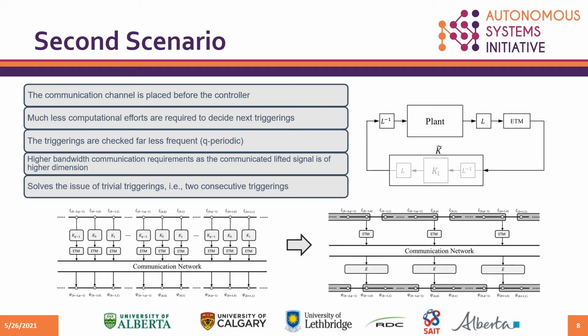Compared to the previous scenario, the communication channel here is placed before the controller, and much less computational effort is required to decide the triggering instances, as they are checked with a period of Q. Also, this requires a higher bandwidth for the communications, since the signal to be communicated is of higher dimension. Also, in this scenario, we solve the issue of trivial triggerings, which happens when two consecutive triggerings occur.